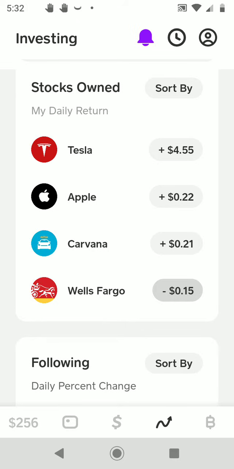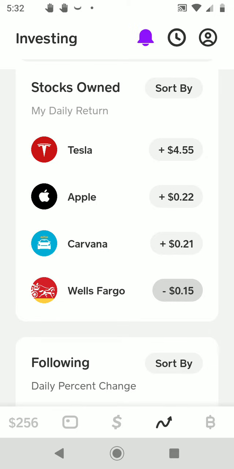When I get serious, I'll probably invest a little bit more after I've done more research on certain stocks. And first of all, let me say this: I'm not a financial advisor or expert. So if you choose to invest, do so after doing your own due diligence and research.